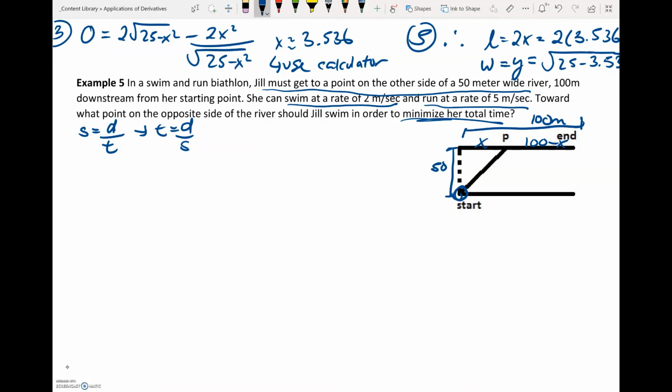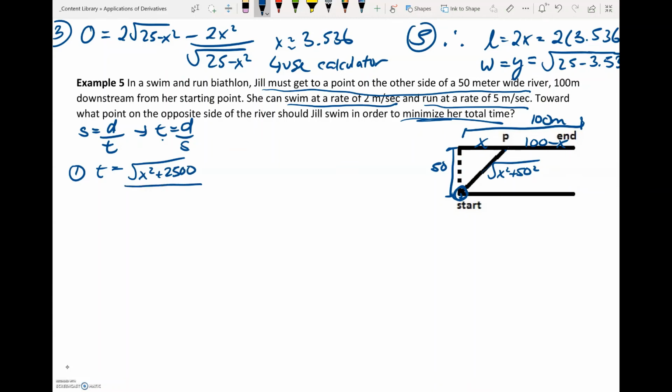Now, how would I find our length here from point A to point B? This would be using Pythagoras, which is the square root of x squared plus 50 squared. Now we want to relate this in terms of minimizing her time. So we need to rewrite t as d over s. Our distance is going to be from our start to point P. So that's the root of x squared plus 50 squared, which is 2,500.